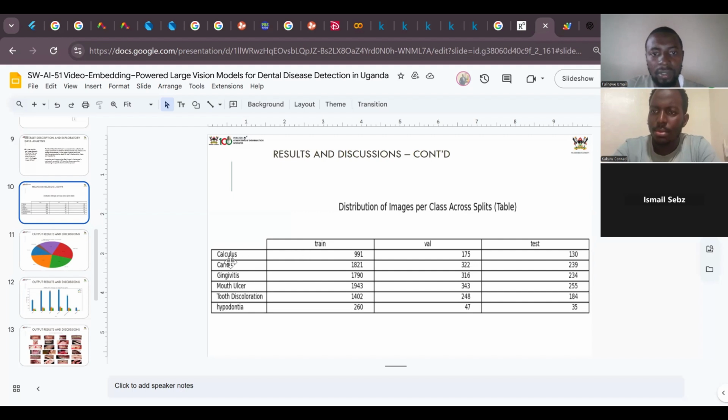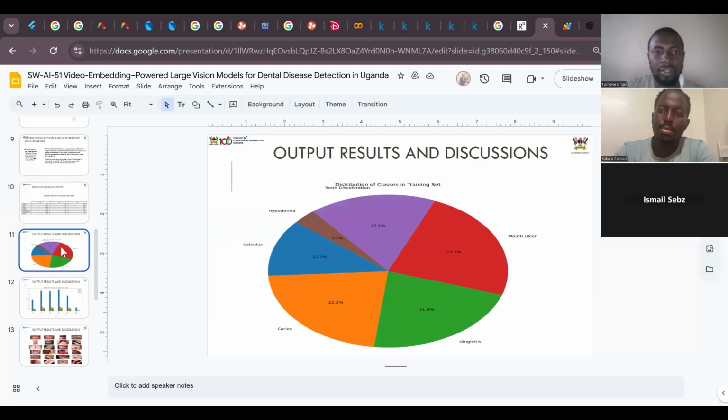For example, the first class we had 991 for training, 175 for validation, and 130 for testing. Then this is the data visualized in a pie chart to show the data we had for the different classes and the percentage of the training images.